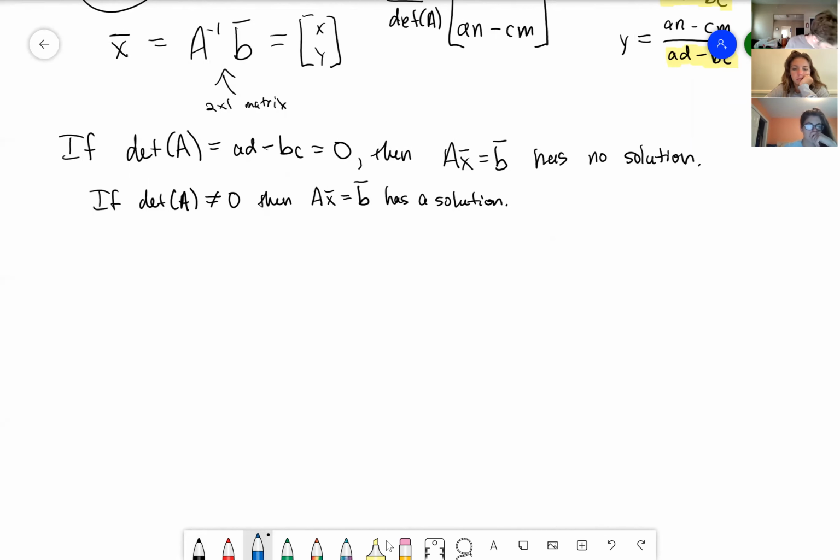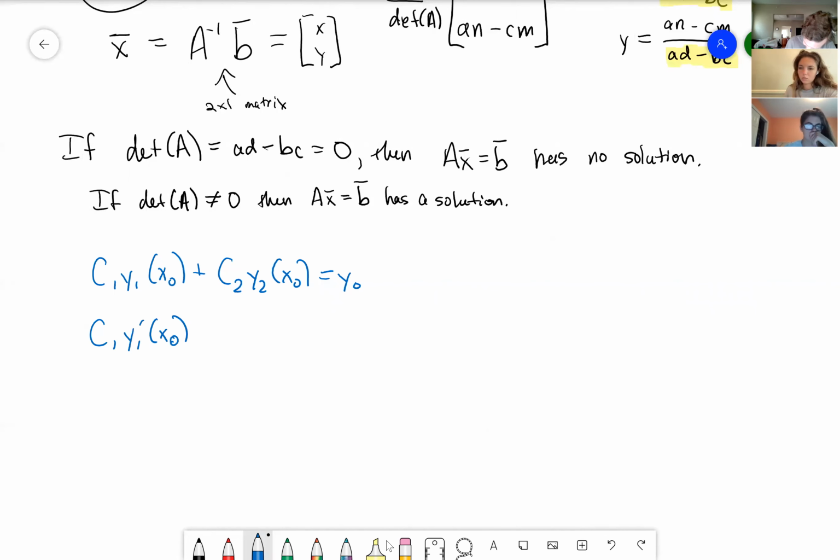Let's, just for variety, change the color. So we're trying to find a solution to C1 y1 of x0 plus C2 y2 of x0 equals y0, and C1 y1 prime of x0 plus C2 y2 prime of x0 is equal to y prime 0.